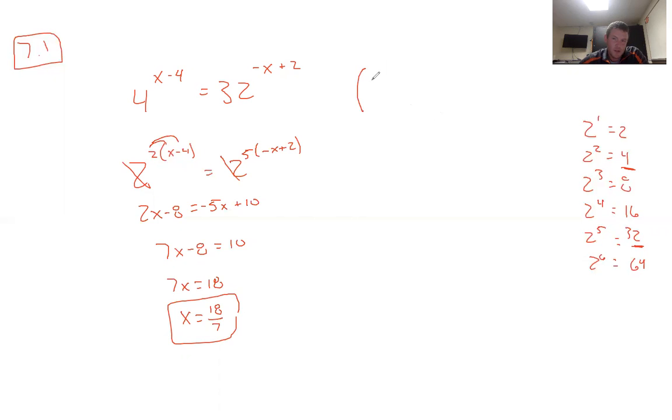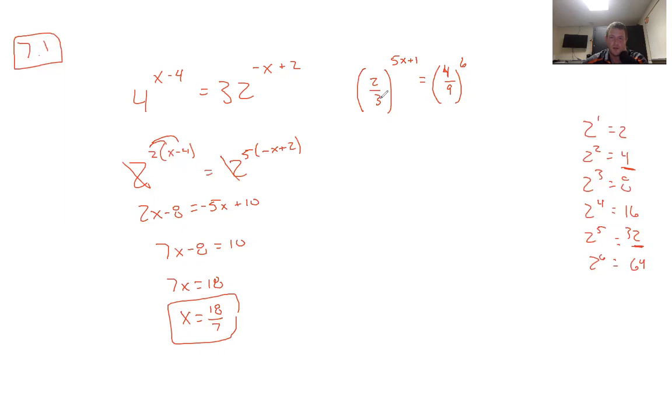The next one is 2/3 to the 5x plus 1 is equal to 4/9 to the 6th. Notice that these are primes, so those don't have any common bases. But can we get each one of these numbers out?